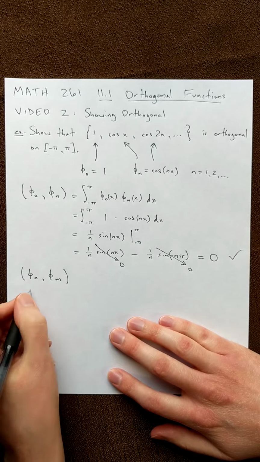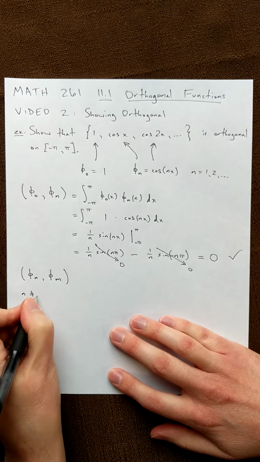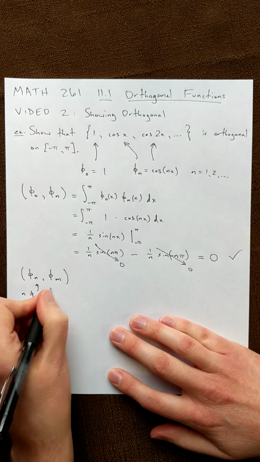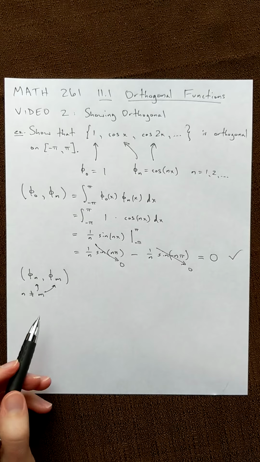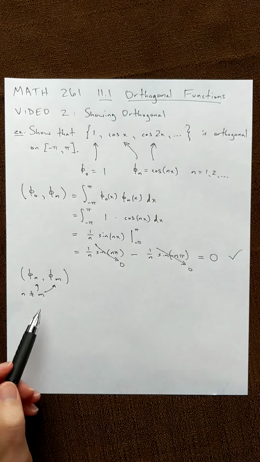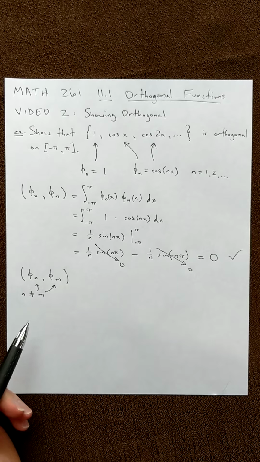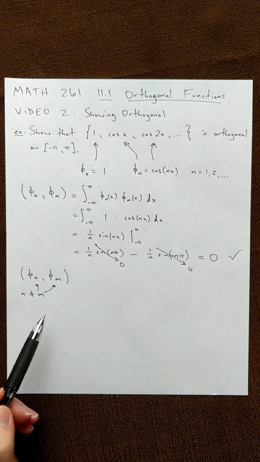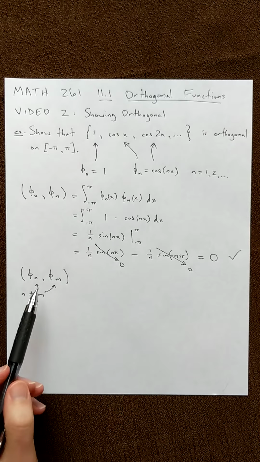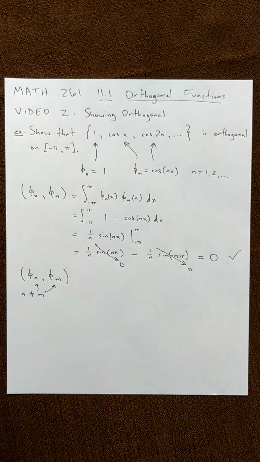I'm going to assume that n and m are not the same, because I don't need to show that something is orthogonal to itself. If you think of orthogonal as essentially perpendicular, a function or a vector isn't going to be perpendicular to itself. So this probably isn't going to work if n and m are the same. But if n and m are two different numbers, we'll see what happens.